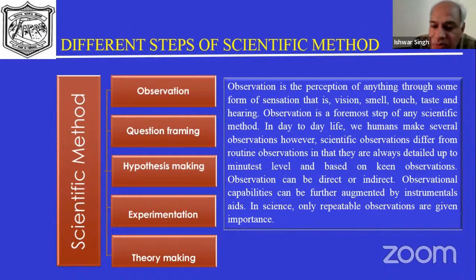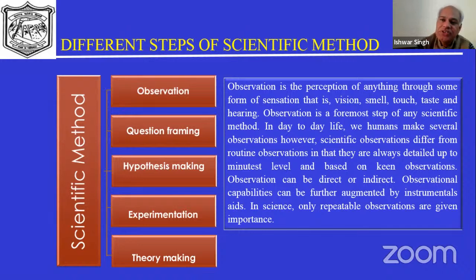Now, as far as these observations are concerned, because the majority of the observations are done with the help of our sense organs, on the basis of that, you will find the observations may be of direct observations and they may be of indirect observations. So you can make direct observations also, and you can make indirect observations also.